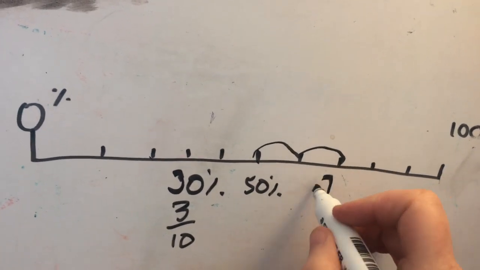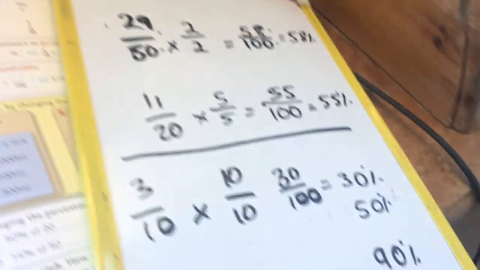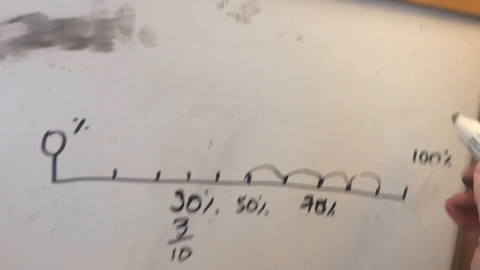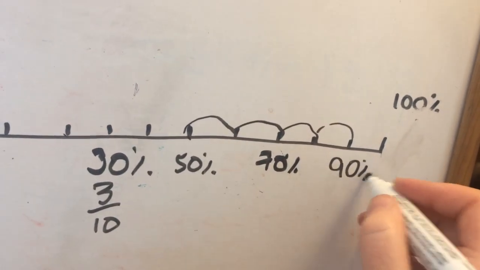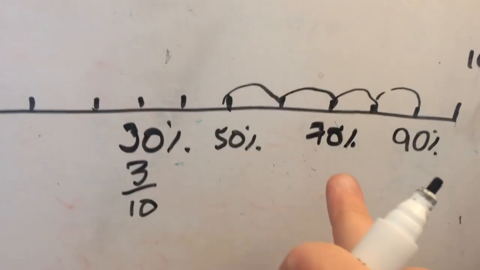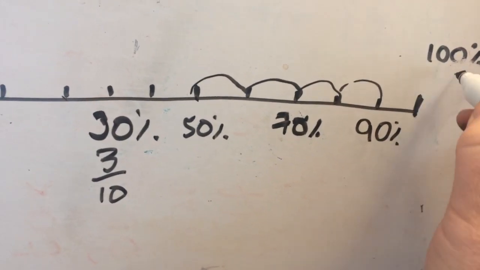So this is 70%. And now the last answer was 90%. So 70, 80, 90%. So 90% is there. So that's how you fill in that number line. You've got 30%, 50%, 70%, 90%. And on the top here is 100%.